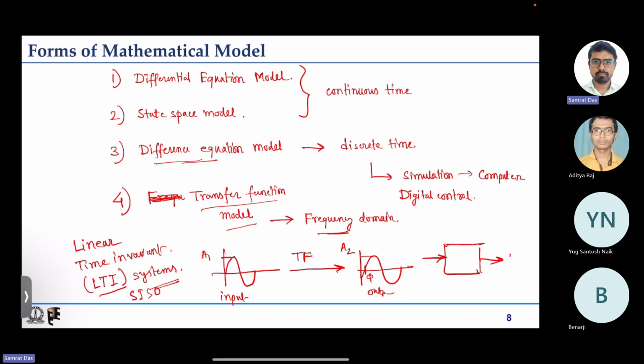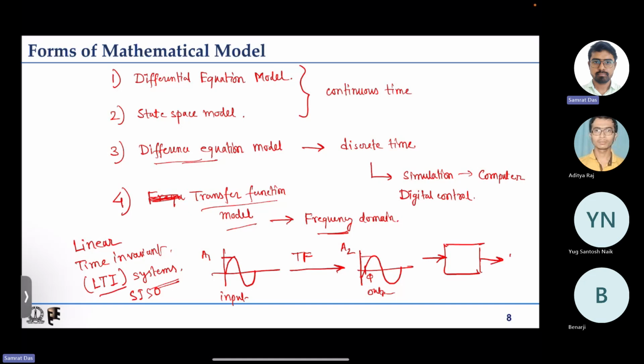So only linear time invariant SISO systems can be modeled as transfer functions, and that is actually a very well researched area. If the transfer function is known, then many things can be done. Many analyses become quite easy, intuitive. Designing of controllers is very easy.